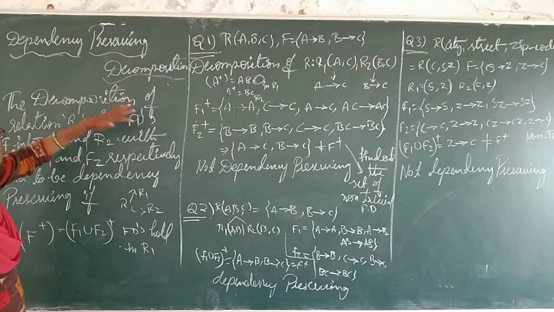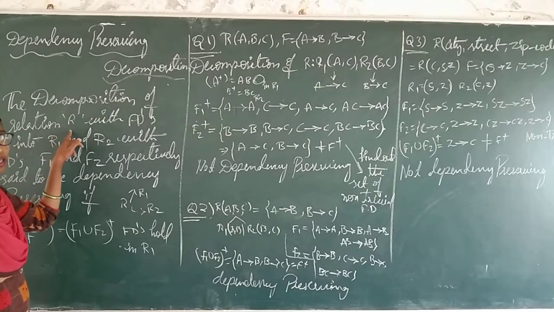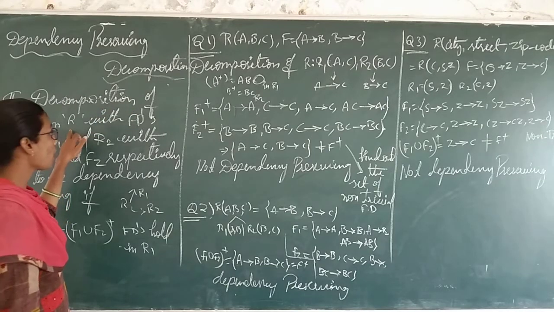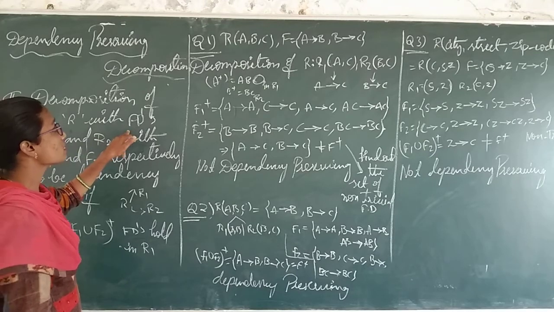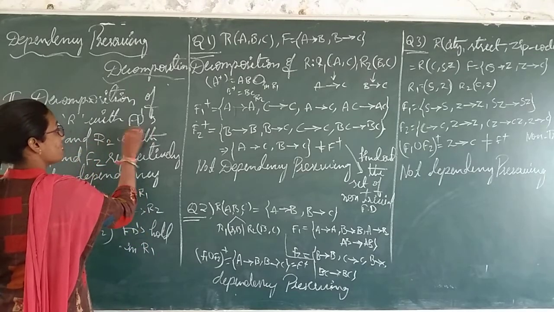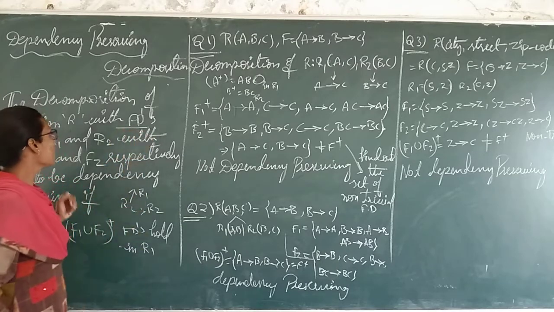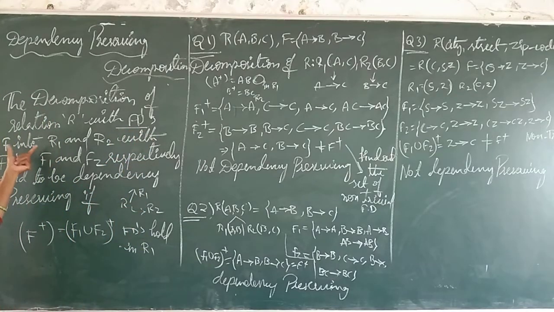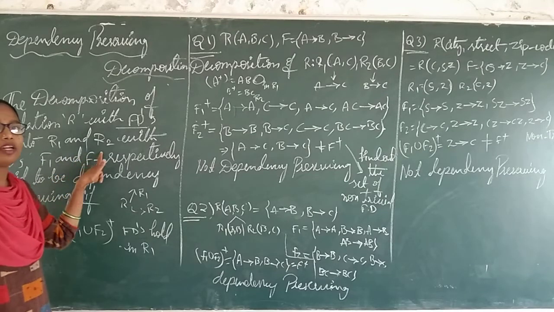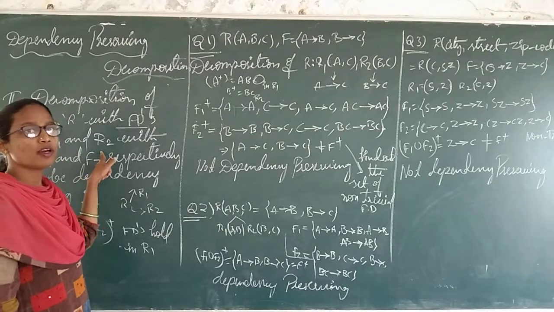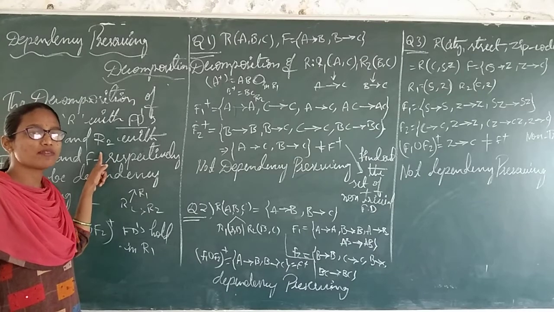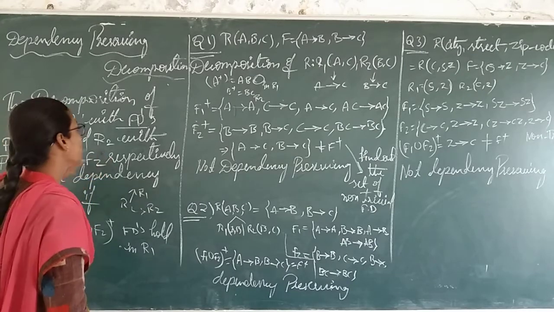The decomposition of relation R with functional dependencies F into R1 and R2. We already know that in decomposition, one relation is divided into several parts, R1 and R2.